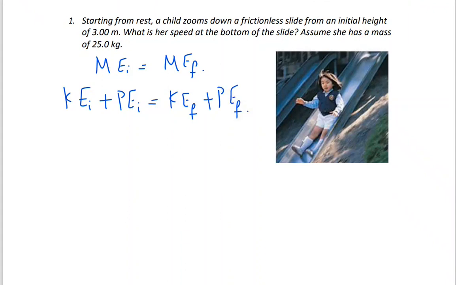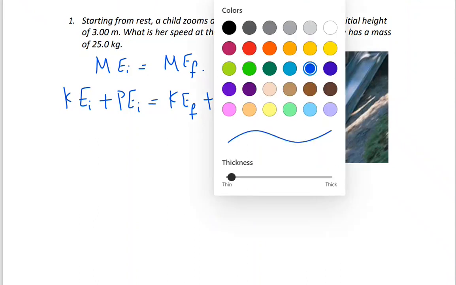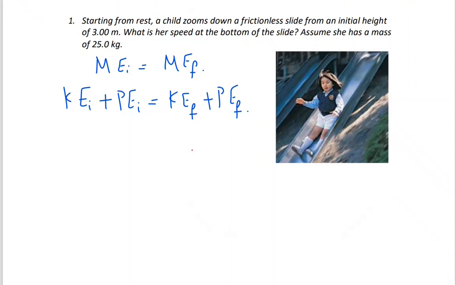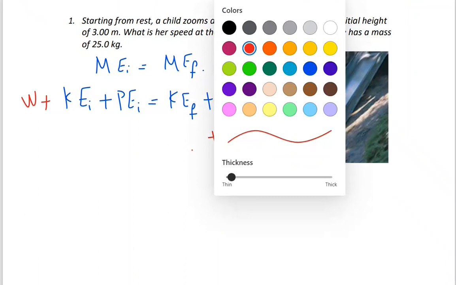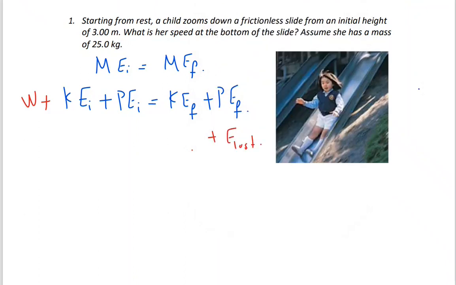Most of the questions ask you to find the height or find the velocity. Now I'm going to add energy lost due to friction, and if there is work from an applied force, I'm going to add it. But since there is no work and no energy loss, we cancel these, 0.